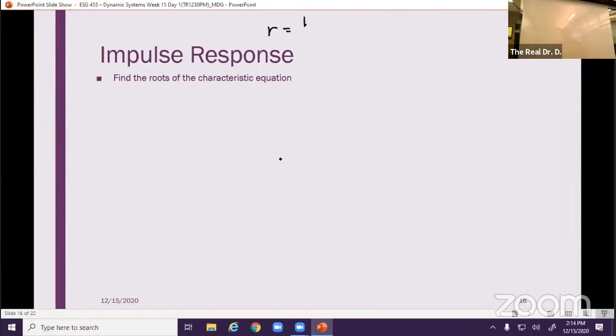The roots are equal to negative b plus or minus the square root of b squared minus 4ac, divided by 2a, right? Good old quadratic formula. But Dr. D, that doesn't help us because this is a fourth order system and the characteristic equation is fourth order, and I can't use the quadratic formula for a fourth order system. That's right, you can't. But what can you do?